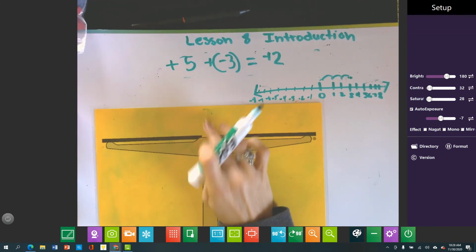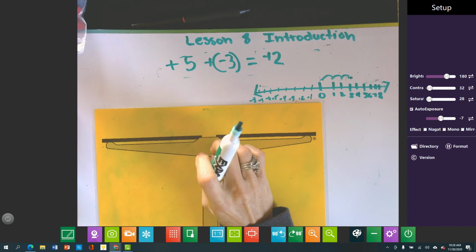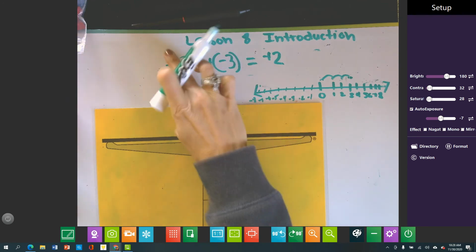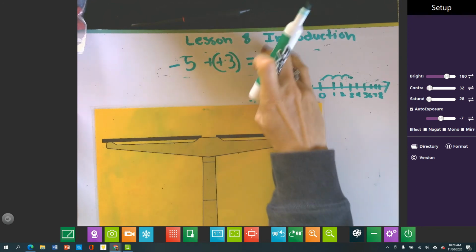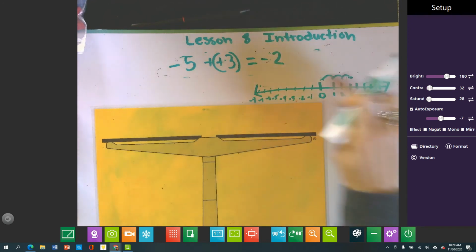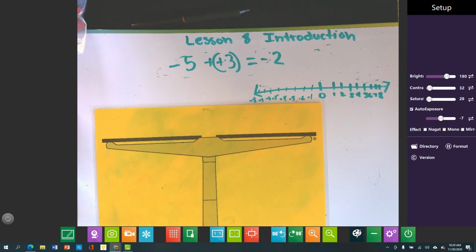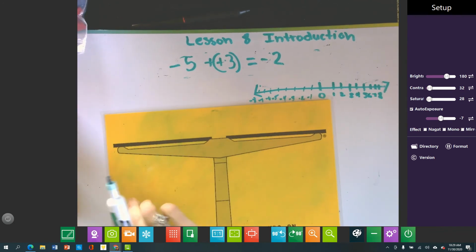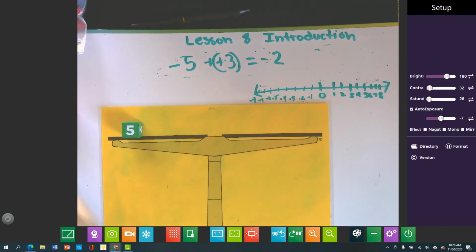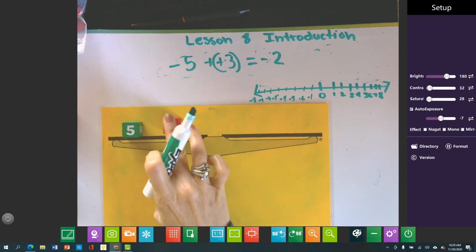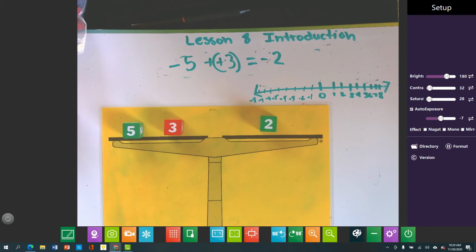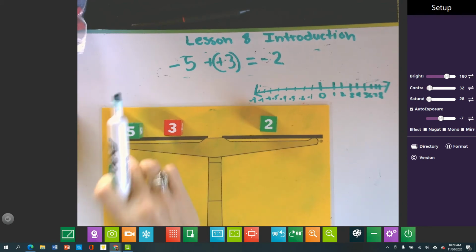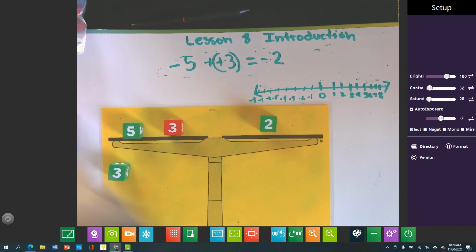Let me show you another example here. Let's say we have the opposite now. We have negative 5 and a positive 3. It's going to give me a negative 2. So set that up. Here's our negative 5. Here's our positive 3. And I'm going to end up at a negative 2. Again, we can take this 5 and break it up into a 3 and a 2.